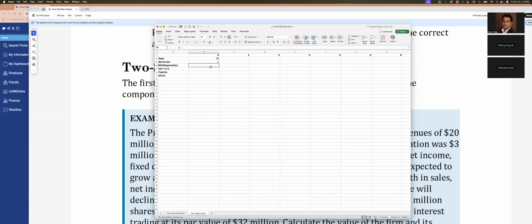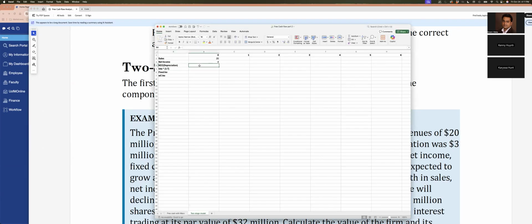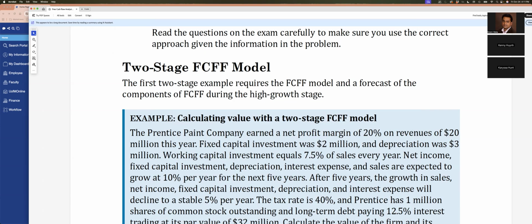Now, what did he give for depreciation? Depreciation was 3 million. Let's focus on the first year. So depreciation, he gave the number, 3 million. And interest, how much interest did he say?